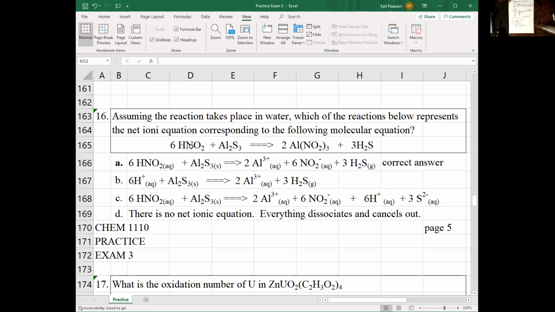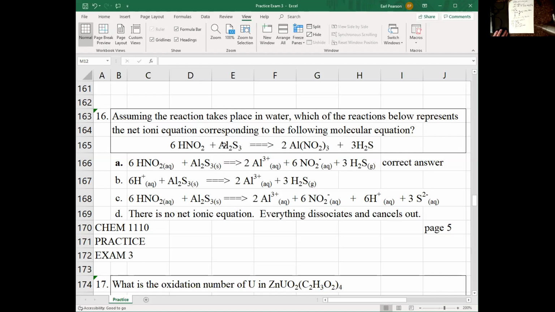Well, we separate acids when it's hydrochloric, hydrobromic, hydroiodic, nitric, sulfuric, perchloric. This is not one of those 6. It does not separate. So at this stage, I know A is a possibility and B is a possibility, and I can eliminate B and D. Well, maybe I can't eliminate D yet because I don't know whether the rest of this stuff works.